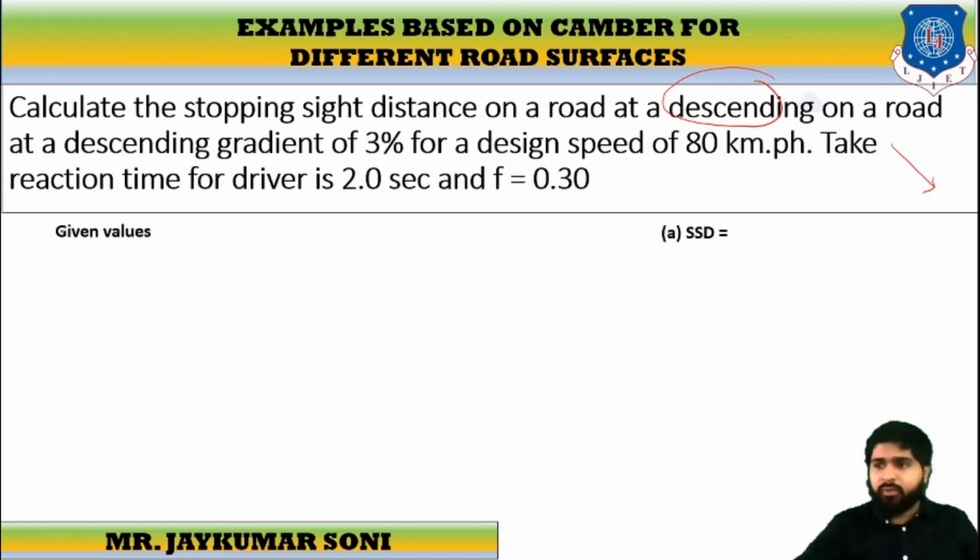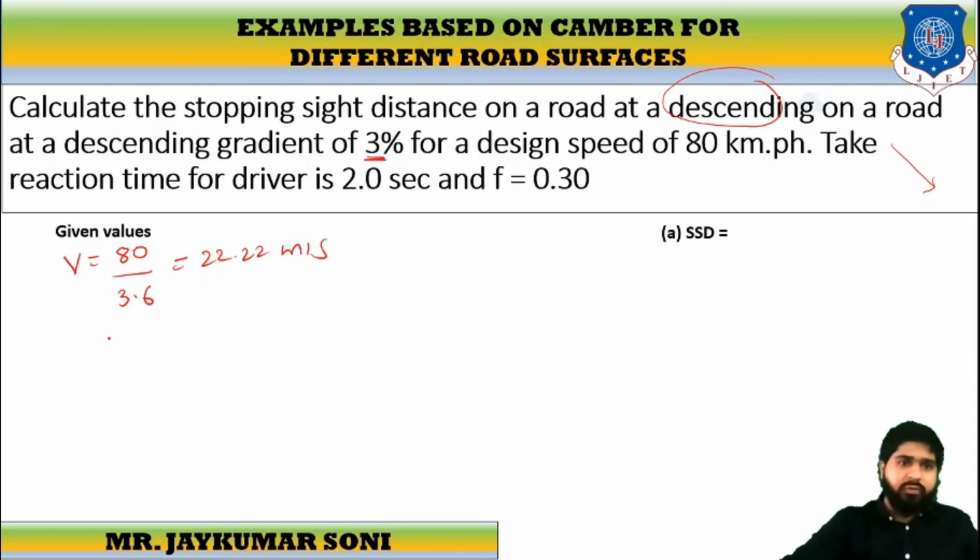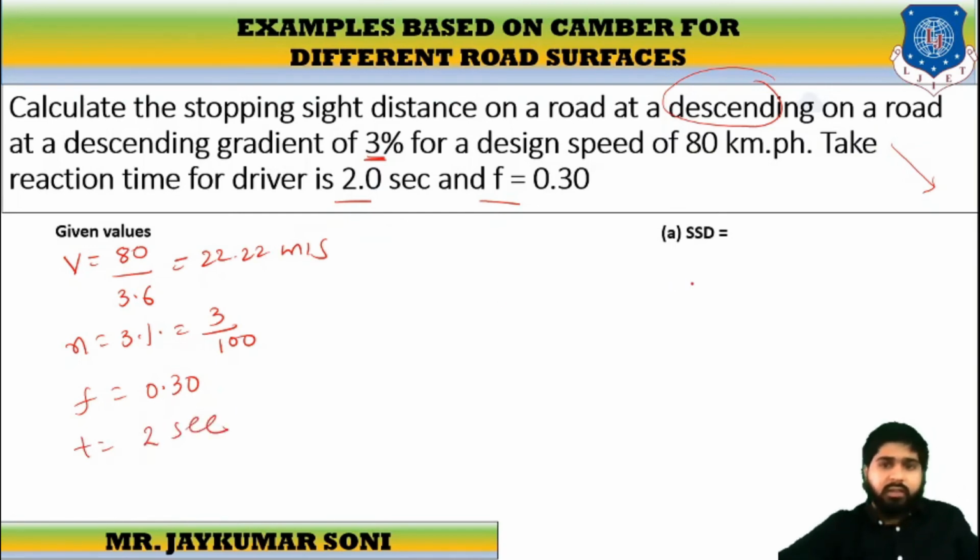So we have been given v equal to 80 divided by 3.6, which is approximately 22.22 meters per second. Then n is equal to 3%, so it will be 3 by 100. We have been given f as 0.30 and t as 2 seconds. So let us calculate this example.